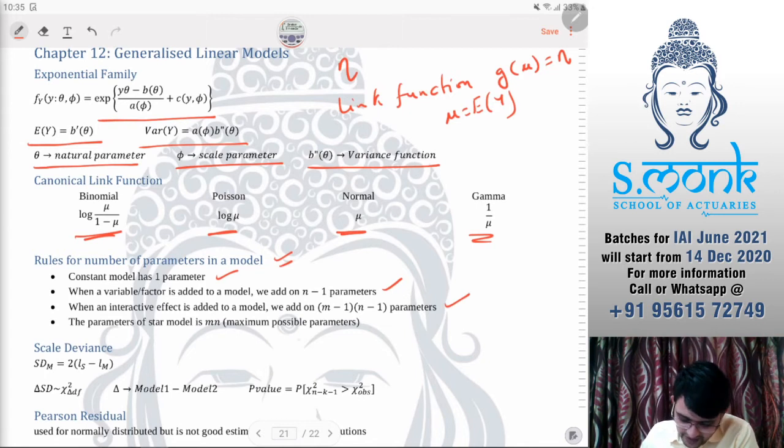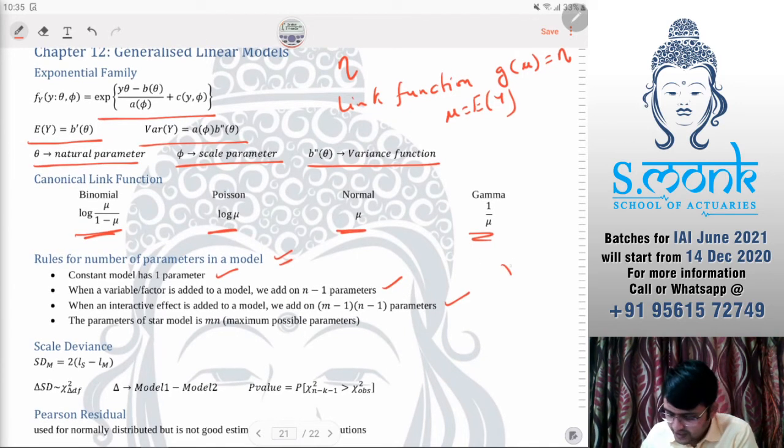When we add an interaction, x dot y, between two variables, then we are adding (m-1) times (n-1) parameters. And for any star model, if I have x star y, then we will have m times n parameters. A star model will always have the maximum number of parameters in that particular kind of system.